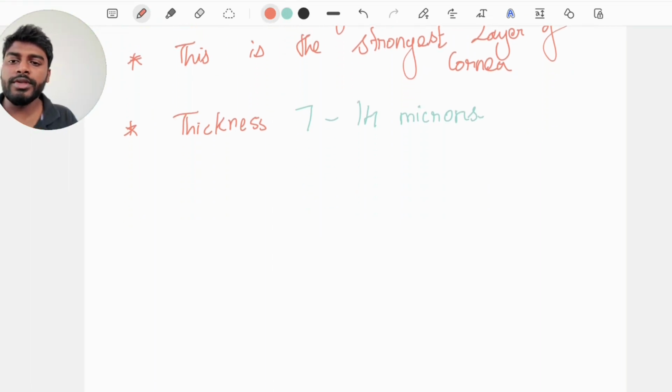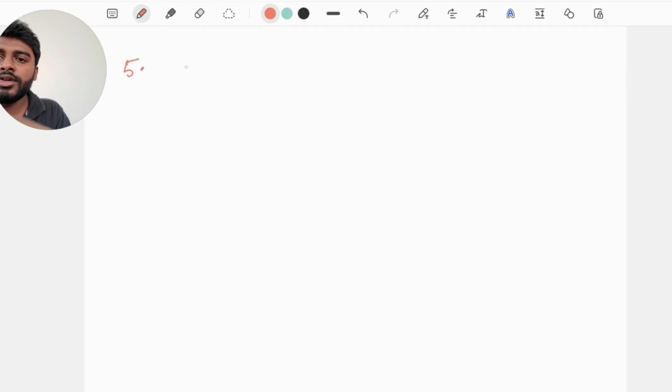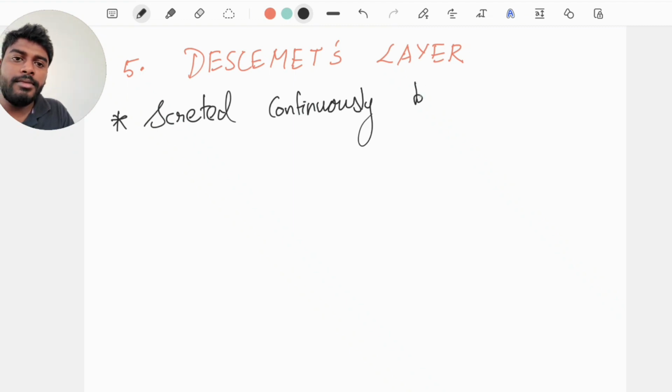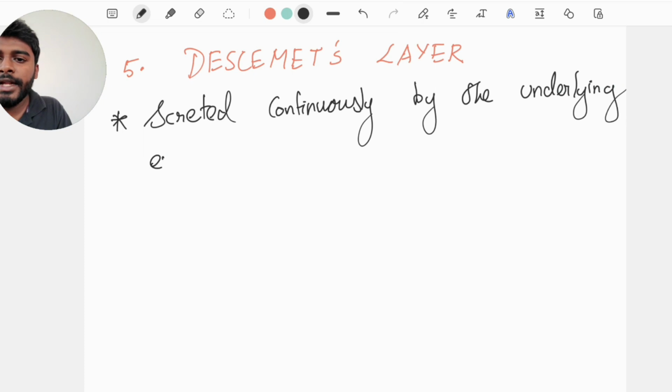Now we will move on with the fifth layer, called Descemet's layer. This layer is secreted continuously by the underlying endothelial cells.